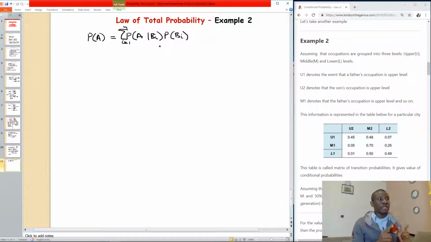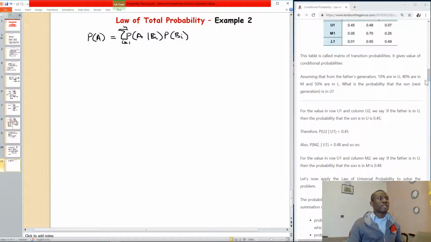M1 denotes that the father's occupation is middle level, and M2 denotes that the son's occupation is middle level, and so on.